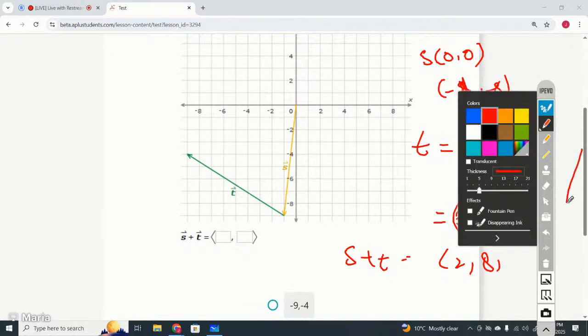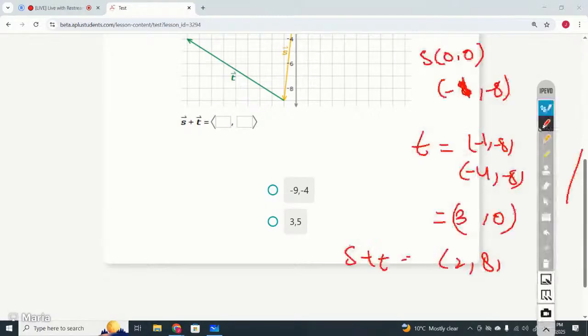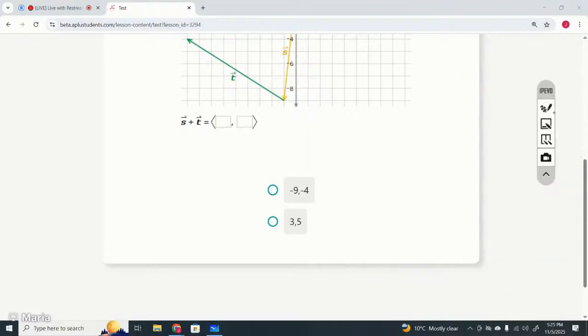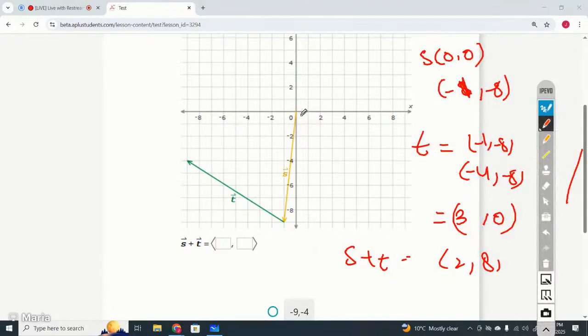So 2 and 8. The resultant vector is, why not 2 and 8? Let me just see. 0, 0, negative 1, negative 8.